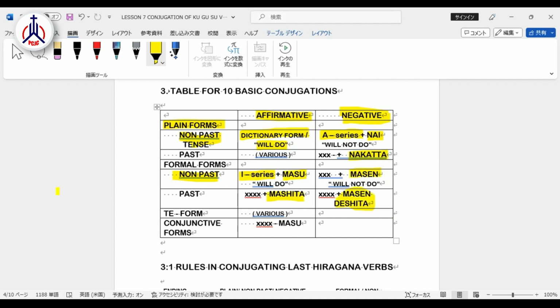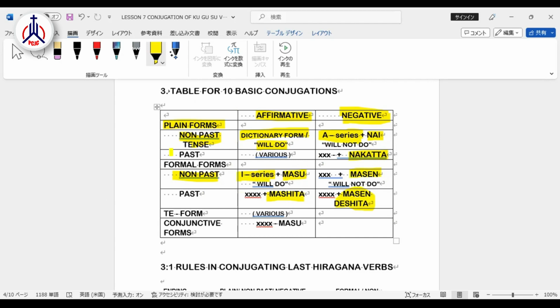So what will change is only the negative non-past tense, which will become the A series plus nai, and the formal non-past, which will become the I series plus masu. Okay?